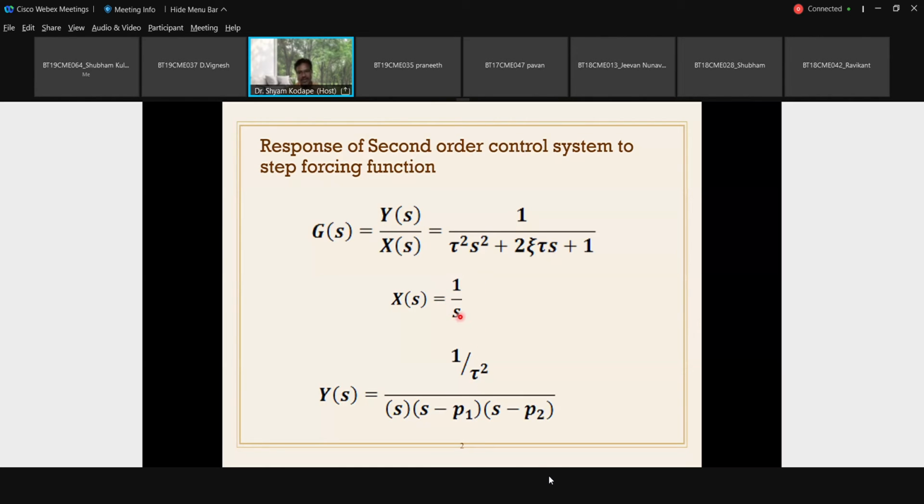Now what can p1 and p2 be? They can be negative, they can be positive, they can be complex, they can be equal, they can be non-real. Let's see. Are you getting my point?